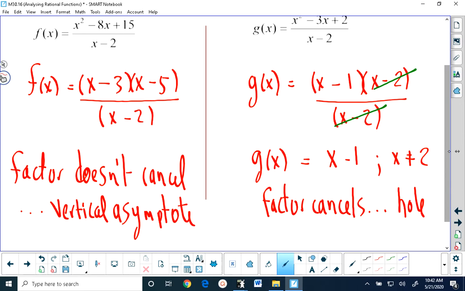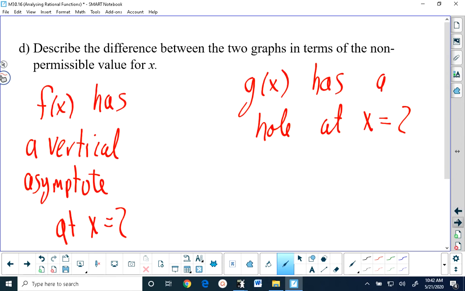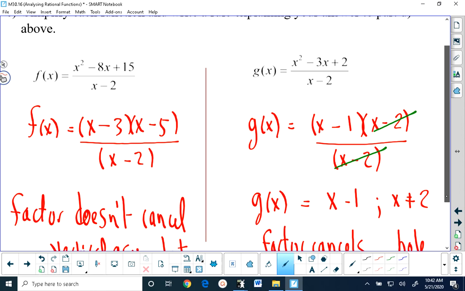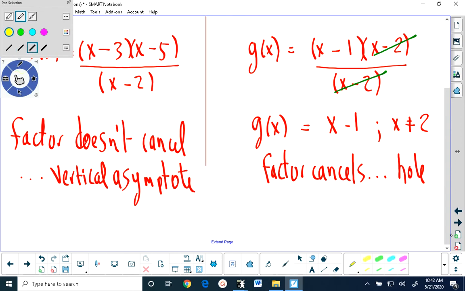Now, one final thing here. If we want to find out where that hole was vertically, so if I want to know what the y-coordinate of the hole is, what I can do is take the x-coordinate, which is 2, and even though I'm not allowed to use 2, if I put 2 into whatever is left after I've canceled, then I will get the y-coordinate of the hole.